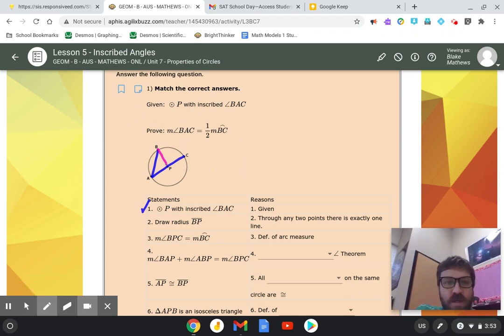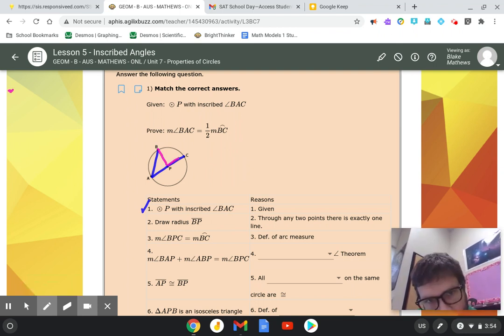And then they said that BPC, that's this angle made up of the pink and this blue, but I'll go ahead and outline it like that. The pink angle is equal to the measure of the arc, because that's the definition of the arc measure of an angle. Remember, central angles, which is what BPC is, are equal to the measure of their arc. Okay? So that's how they're able to prove that.